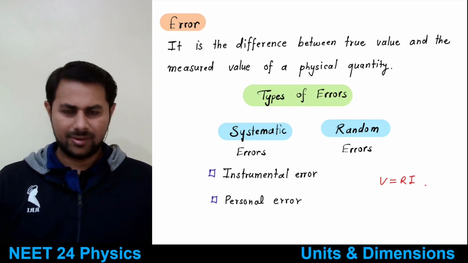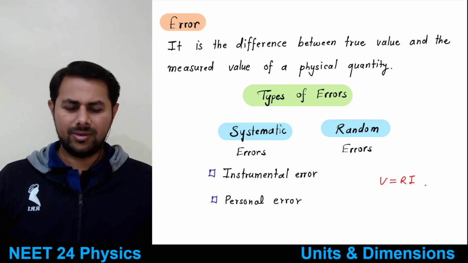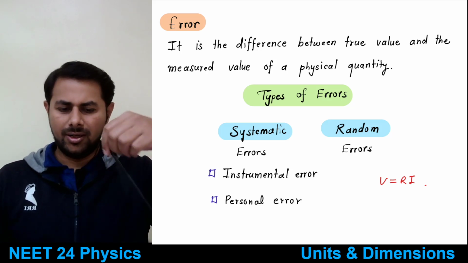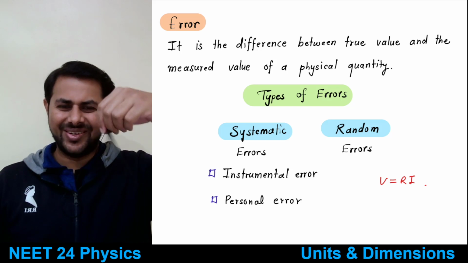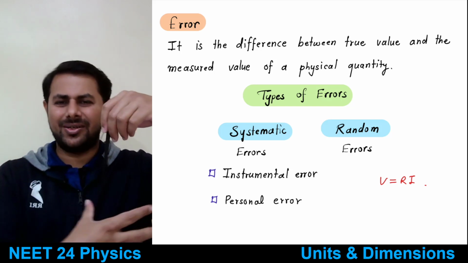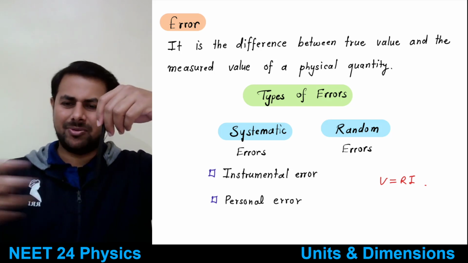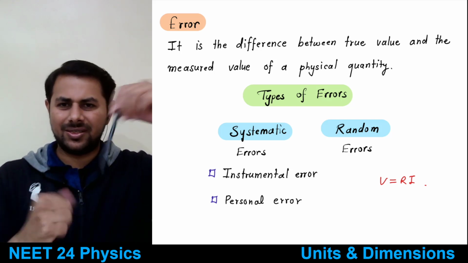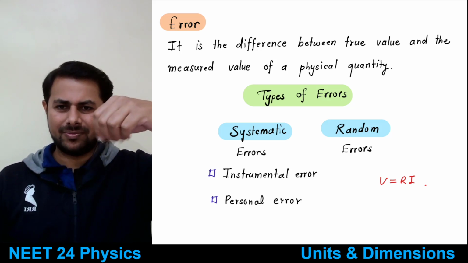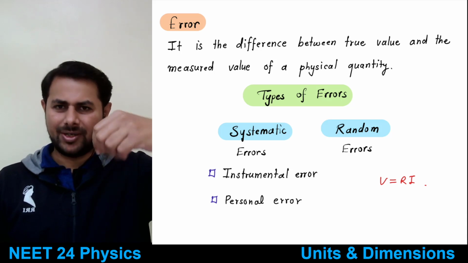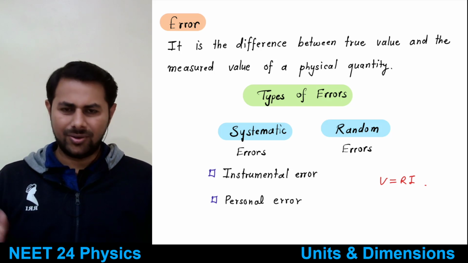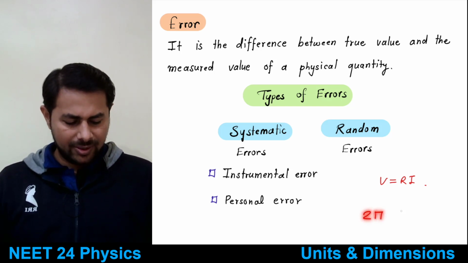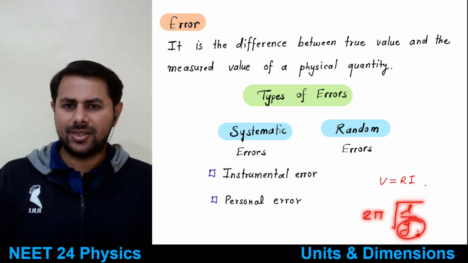Or you can take another example. Suppose you are measuring the time period of a pendulum, and some wind is blowing, sometimes in this direction, then in this direction. It will change the time period. The formula for time period is 2 pi square root of L by g, and because of wind there will be extra acceleration.